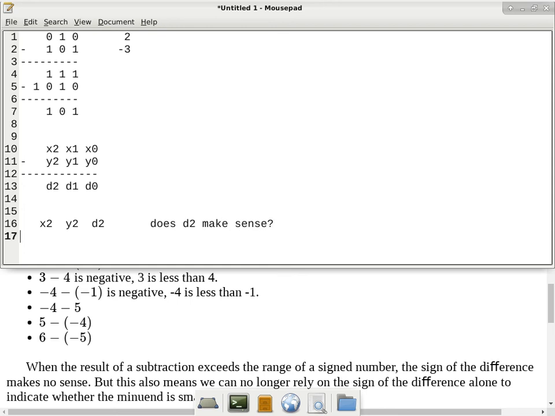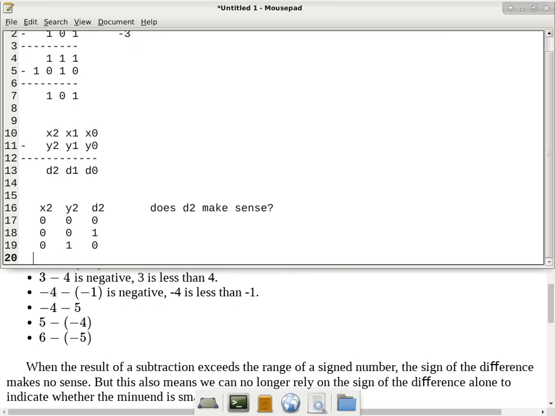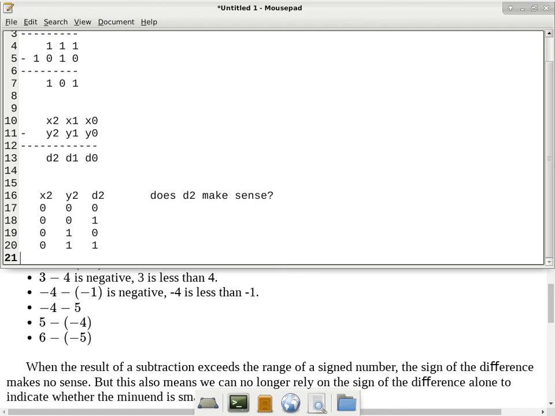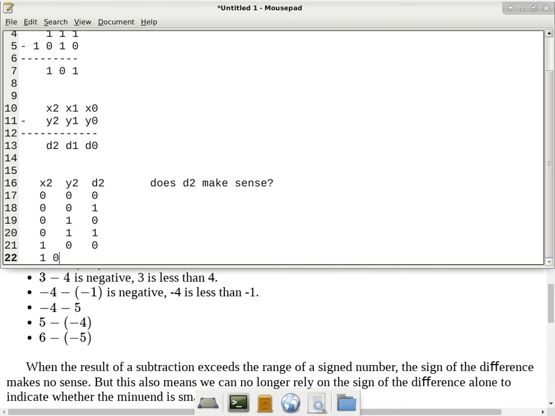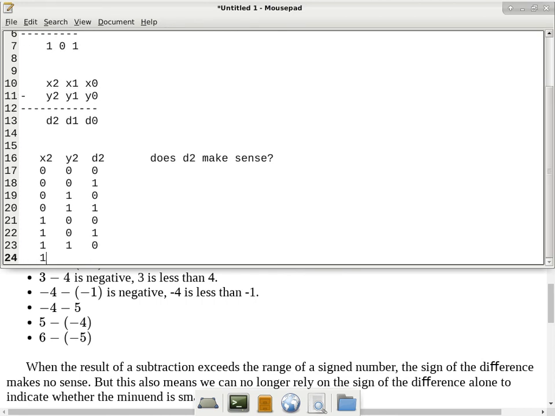This table is going to be a little bit long because it has got 0, 0, 0, 0, 0, 1, 0, 1, 0, 0, 1, 1, 1, 0, 0, 1, 0, 1, 1, 1, 0, 1, 1, 1. Okay, that looks right to me.